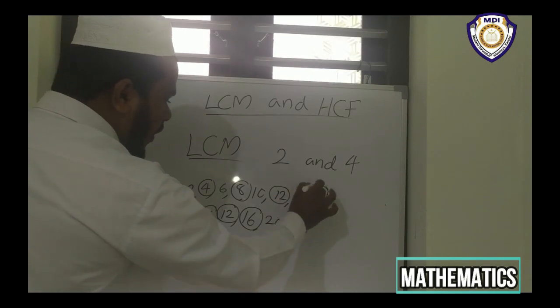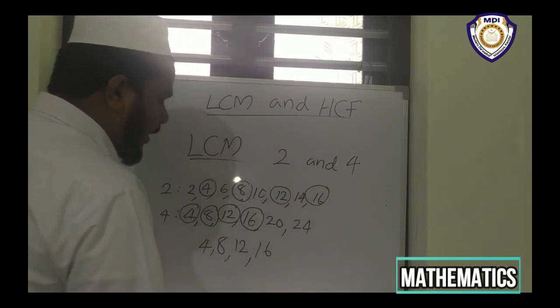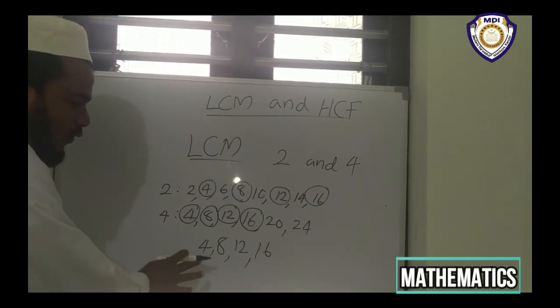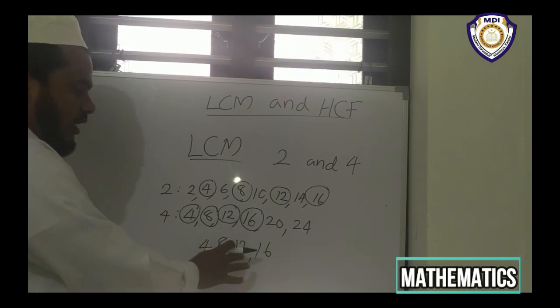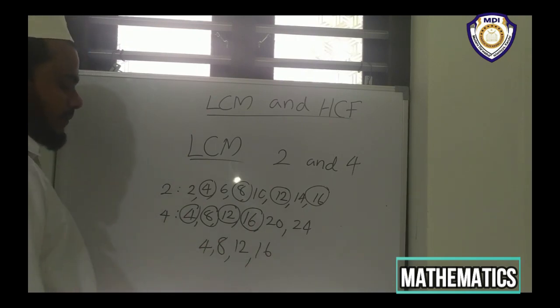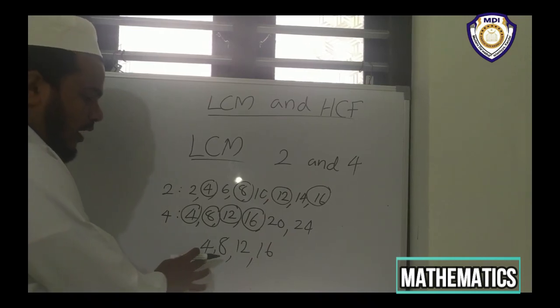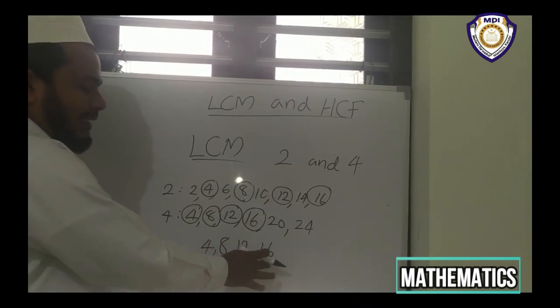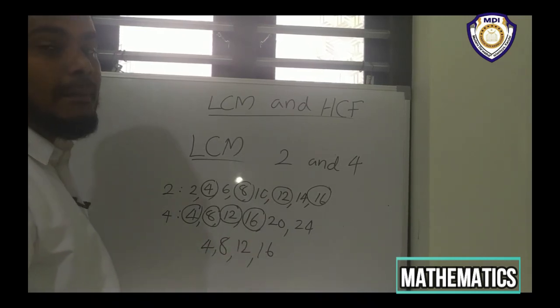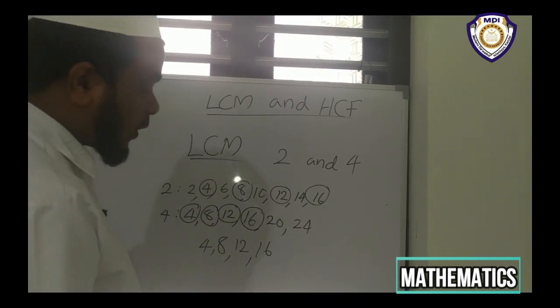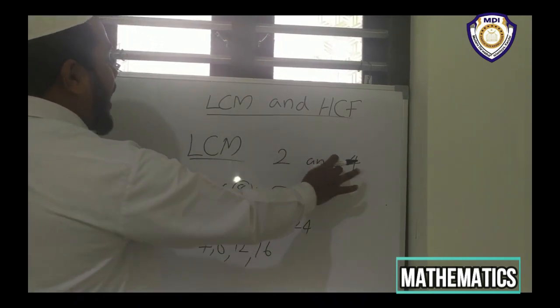Here 4, 8, 12, 16 are common multiples of 2 and 4.